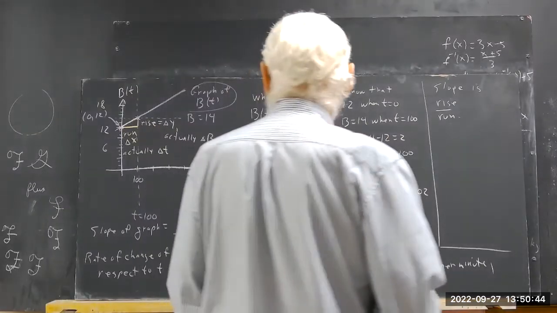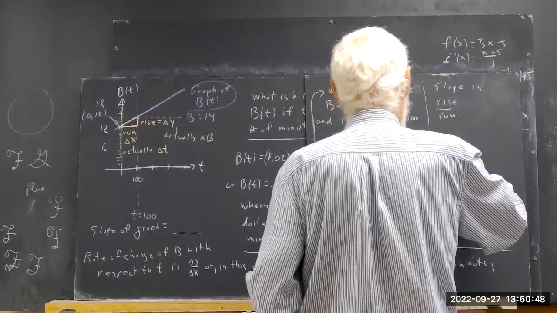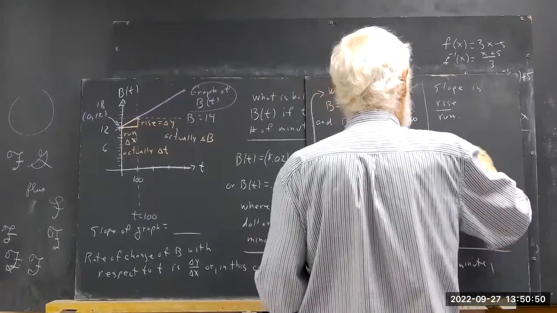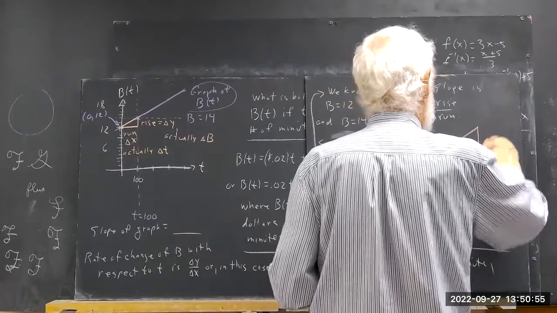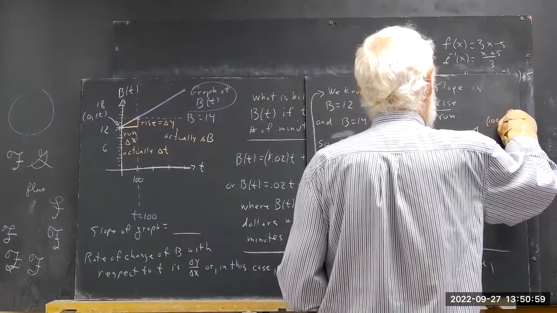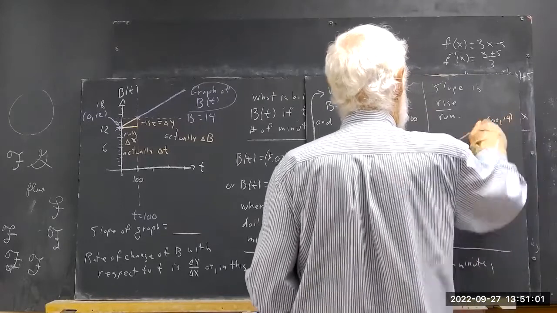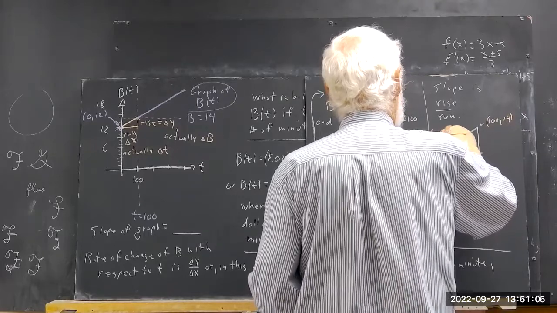Okay, so if I draw the same triangle, I'll use the same color. This point is (100, 14). This point is (0, 12).